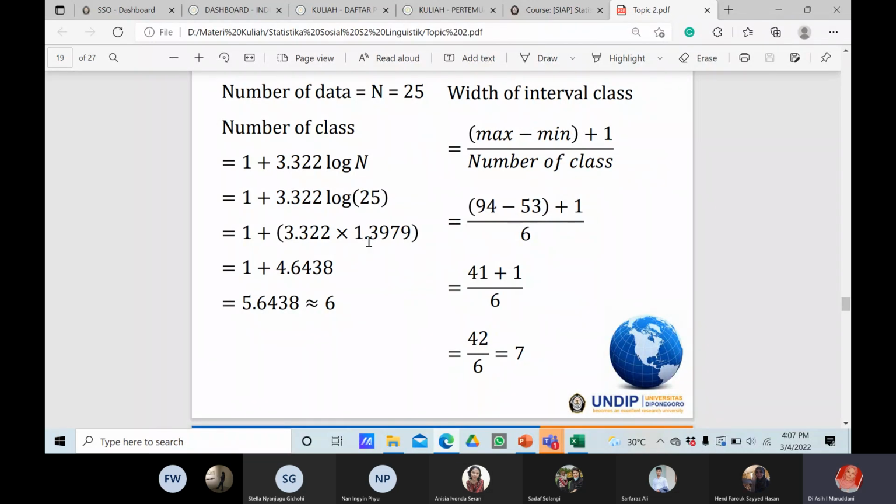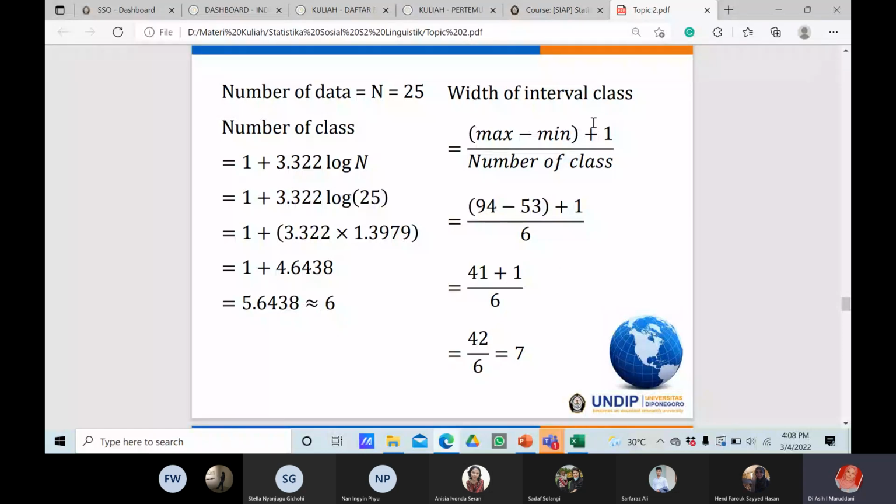Then you have to calculate 3.322 times 1.3979. This calculation is equal to 4.6438. And the last step, we have to count 1 plus 4.6438. It's equal to 5.6438, or similar to 6.